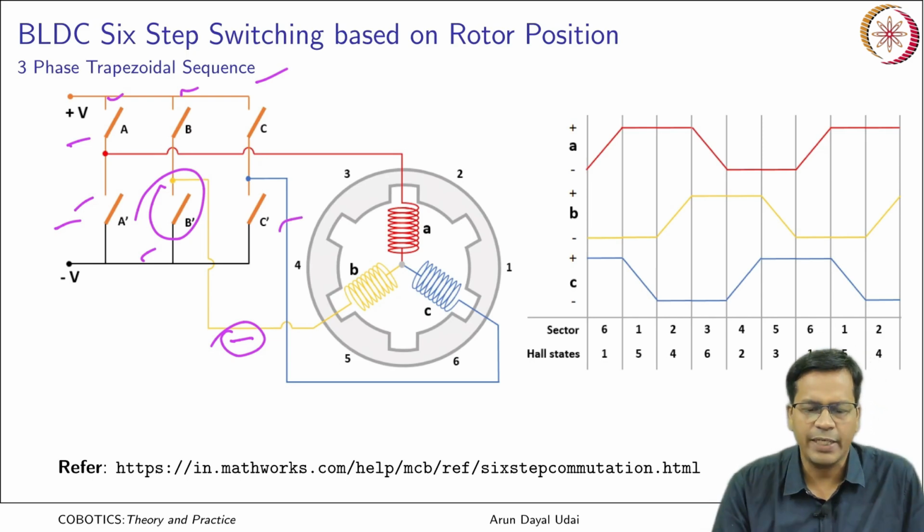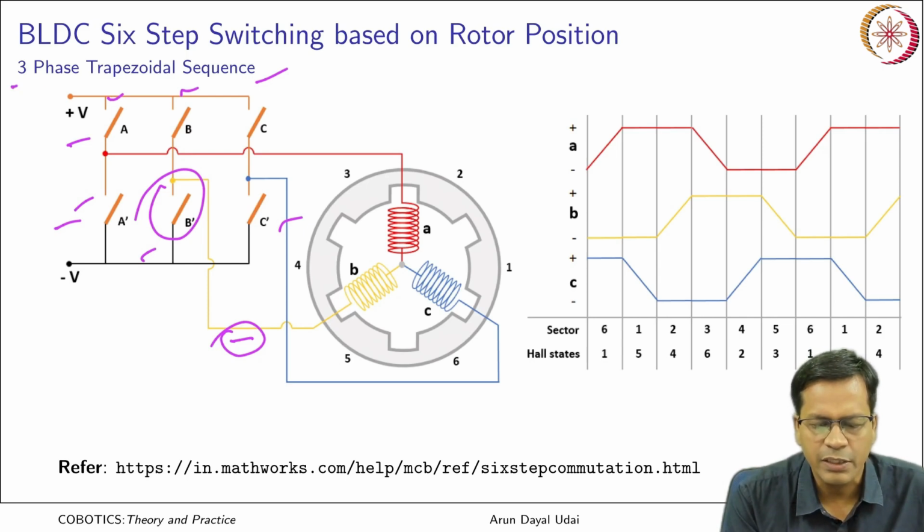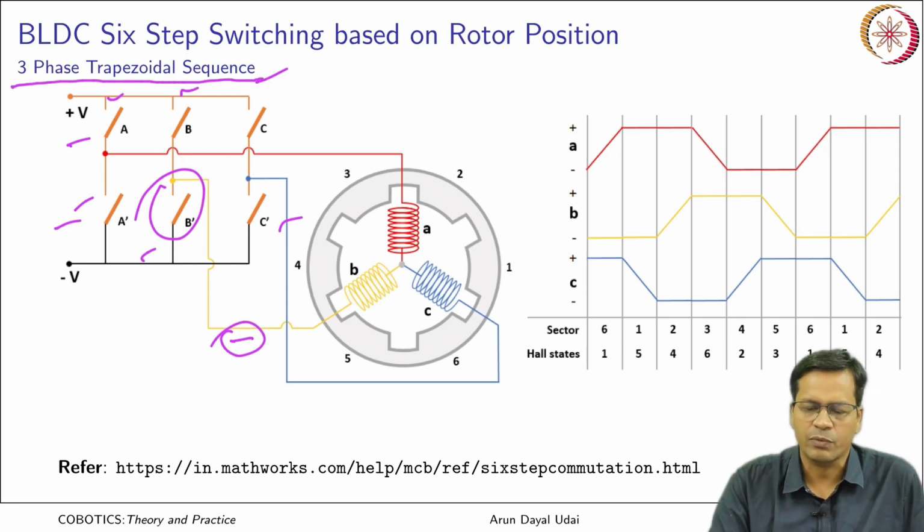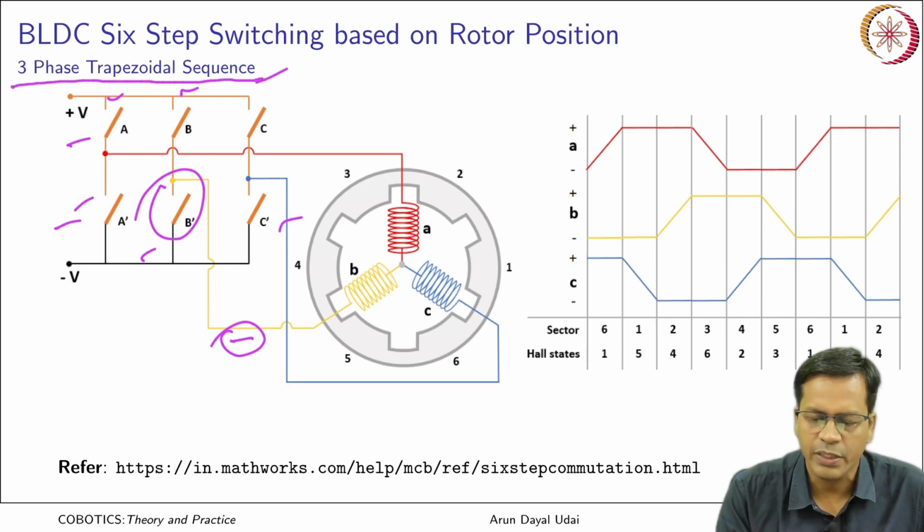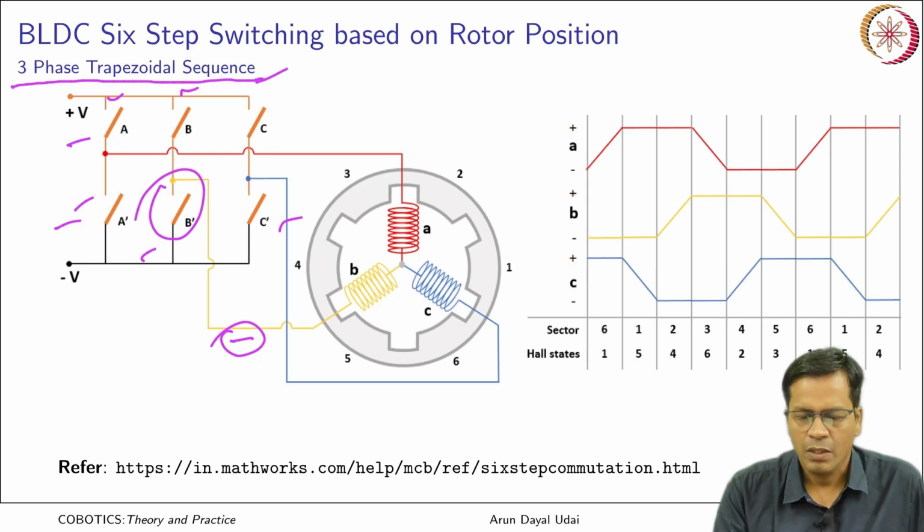So effective state, if you can see, this is a 3 phase trapezoidal sequence. So all these 3 phases of the BLDC motor will have a voltage which very much looks like a sinusoidal signal. So this can be equivalent to a sinusoidal signal. It is near to sinusoidal.